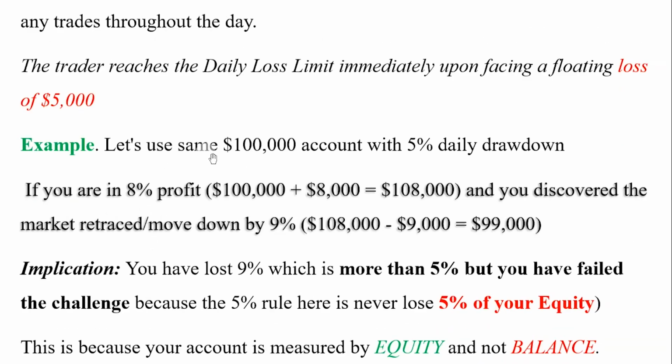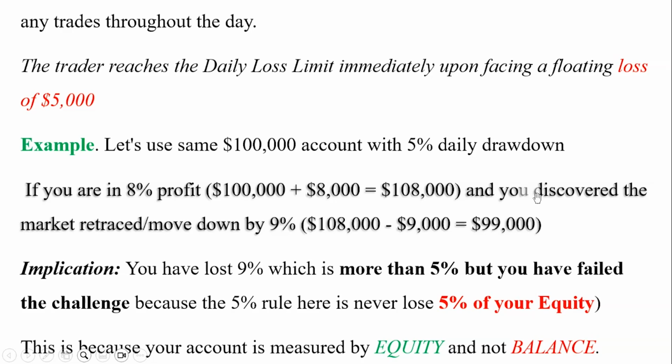And we're going to use the same $100,000 account. And the reason is this, so that we can compare balance based and equity based using the same parameters. Let's use the same $100,000 with the same 5% daily drawdown. So let's see what the result will be when we are using equity based drawdown. If you're 8% profit, that is, you've added 8,000 to the $100,000, you will now be at $108,000.